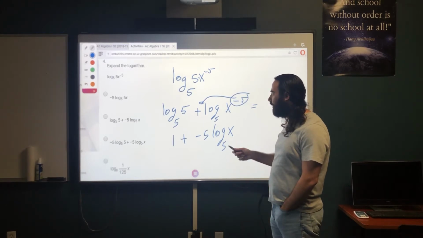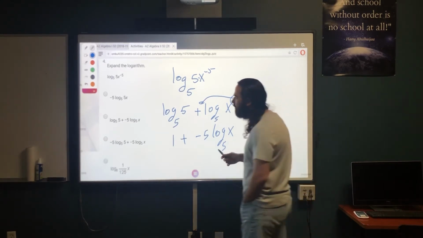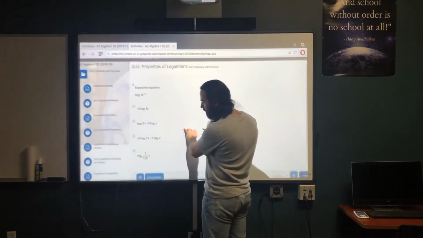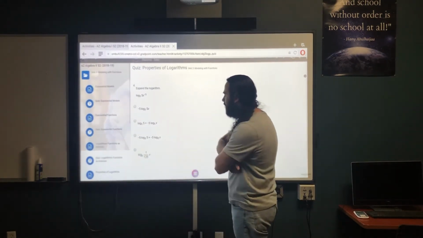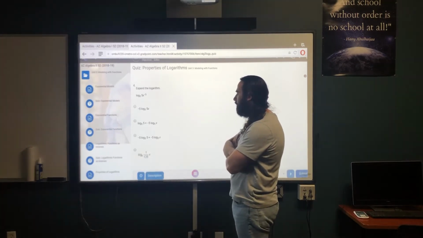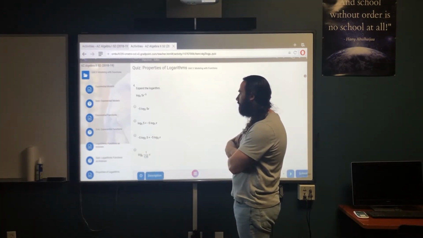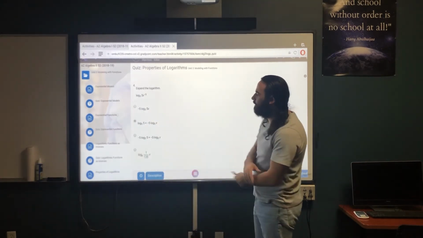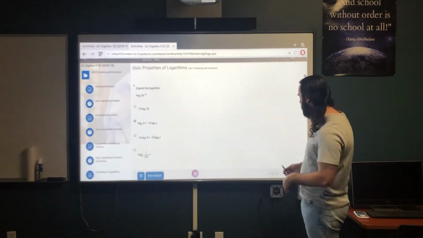So it's going to be 1 minus log x. There's no 1 at all. Here it is, sorry. Log 5 base 5, he didn't change it to 1, so he kept it as log 5 base 5.